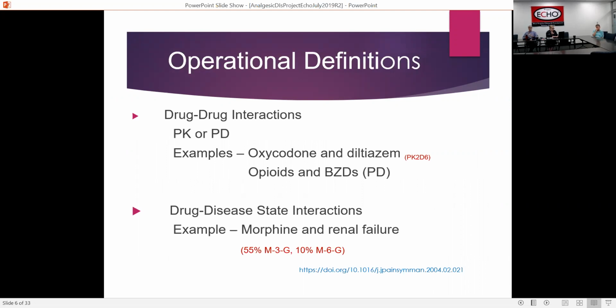Let me give you some examples of a drug-drug interaction, either pharmacokinetic or pharmacodynamic in nature. We can use oxycodone plus diltiazem. I was hunting for specific opioid interactions that might be not only significant, but relevant to practice.